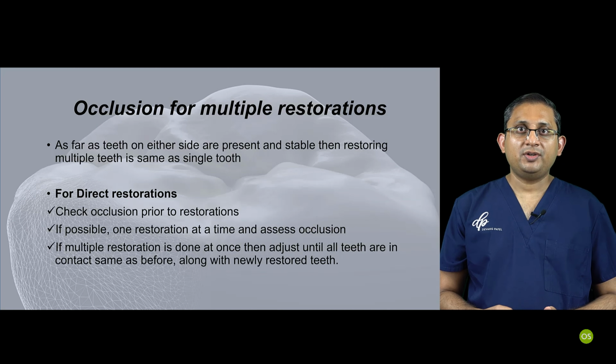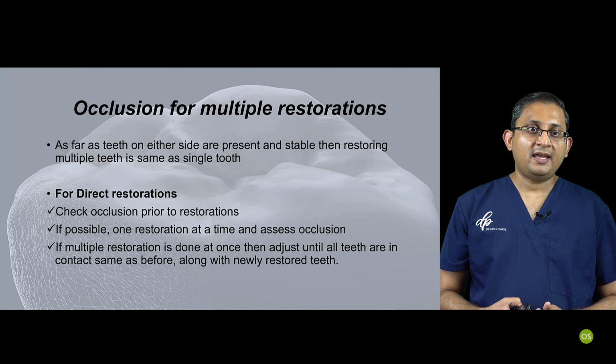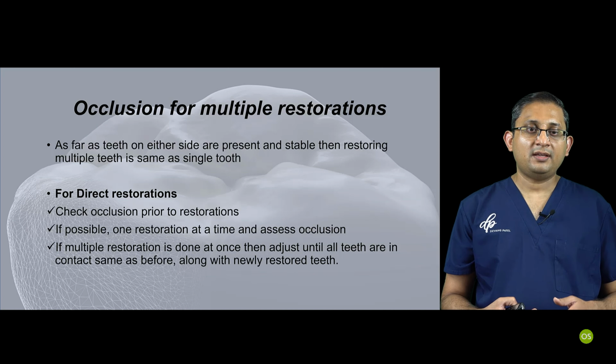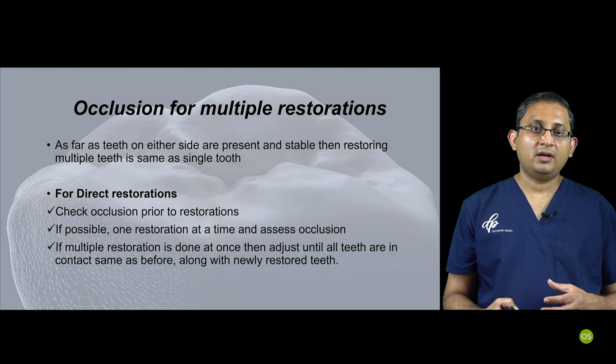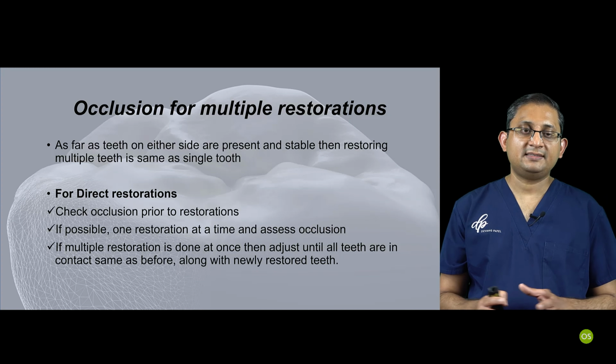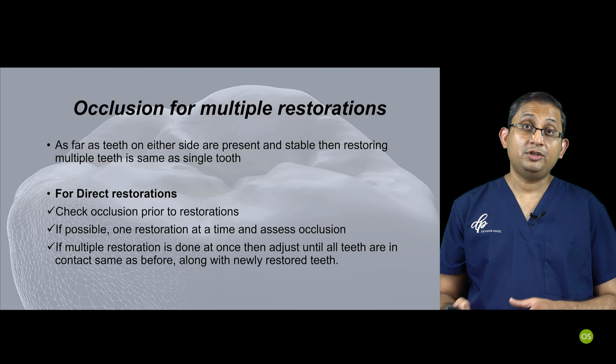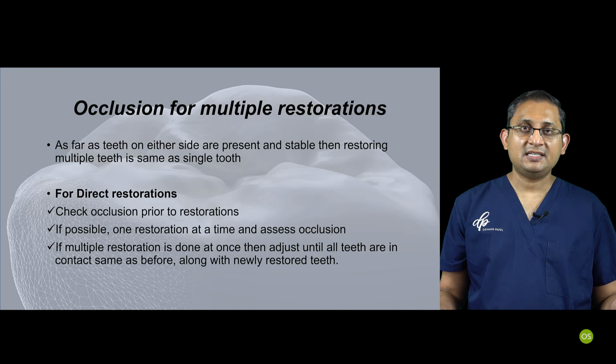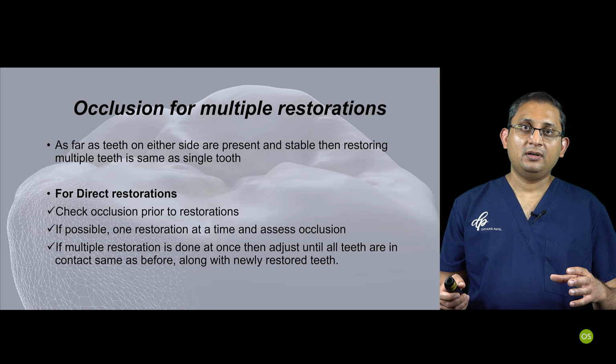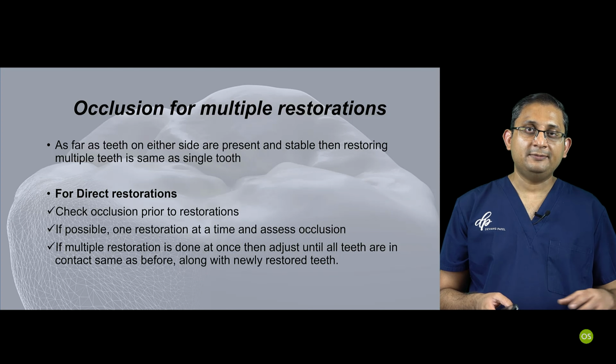If multiple restorations are done, then you can, as I said, adjust one until all the teeth are in contact, same as before, along with the newly restored teeth. So when you're using a conformative approach, your adjacent teeth or your existing teeth become a guide for you to restore the other teeth.